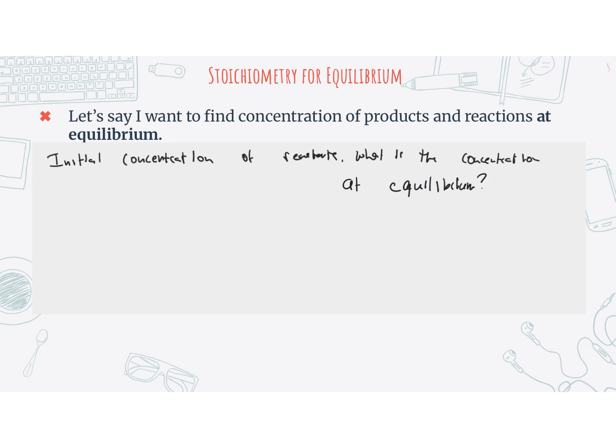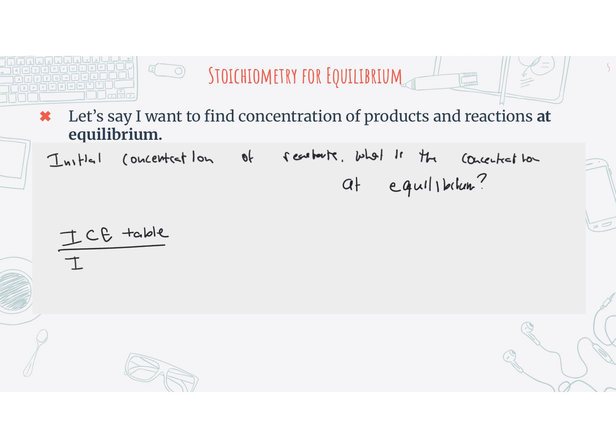You might imagine that we can't really figure this out that easily with our expression of K because we don't have anything to plug in, since we don't know the concentration at equilibrium. But there's something that we can use, which is known as an ICE table, which helps us solve these problems and do a little bit of algebra.